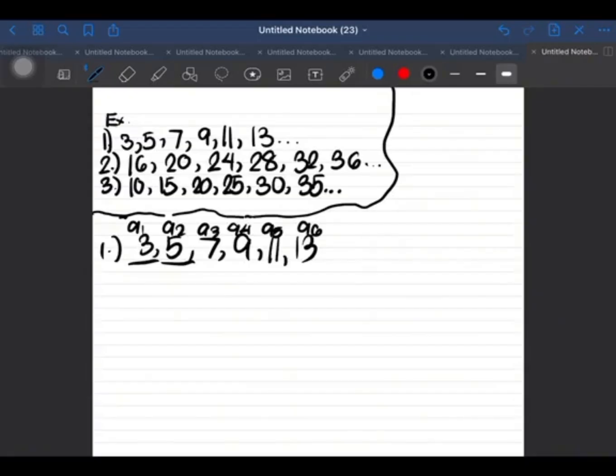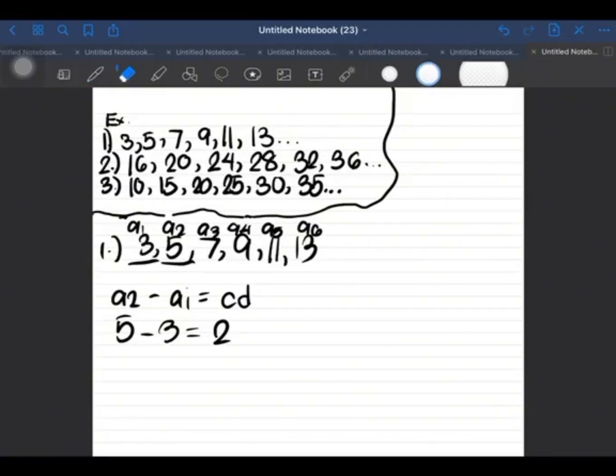So a sub 2 minus a sub 1 will be our common difference. a sub 2 minus a sub 1 is equal to our CD, or common difference. Now let's substitute it. 5 minus 3 is equal to 2. So 2 is our common difference in the example that we're given.